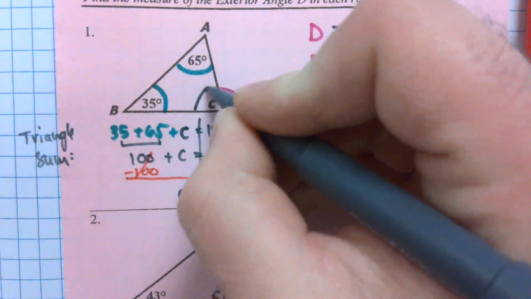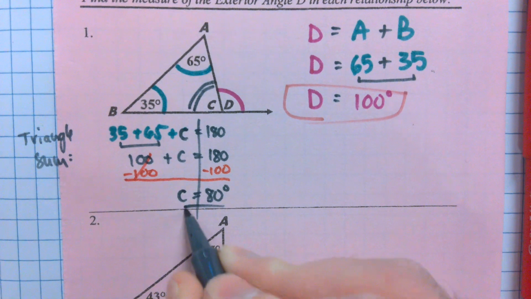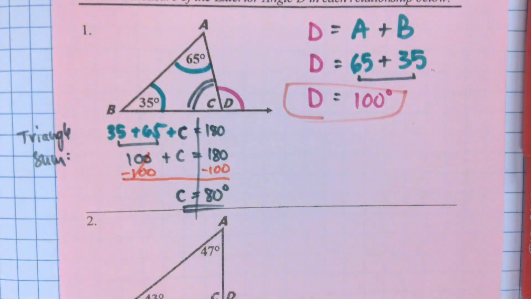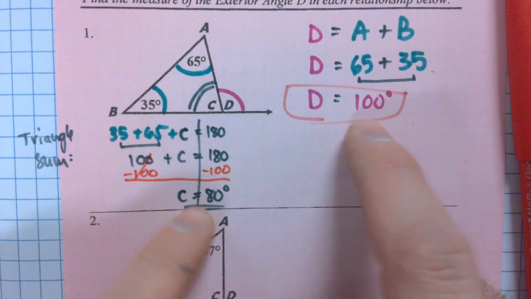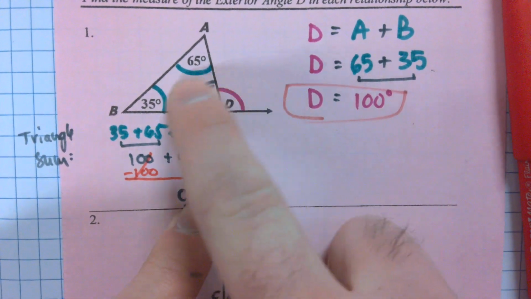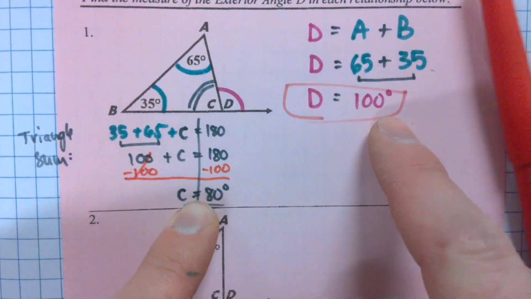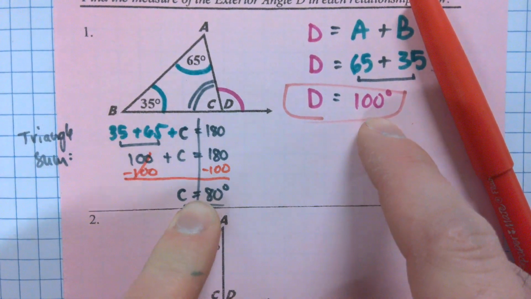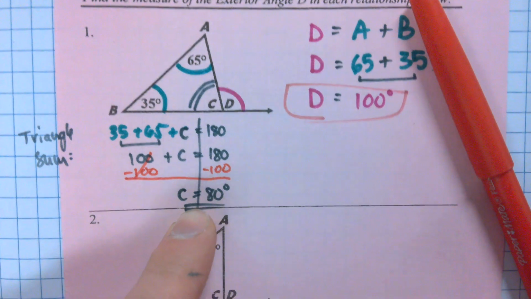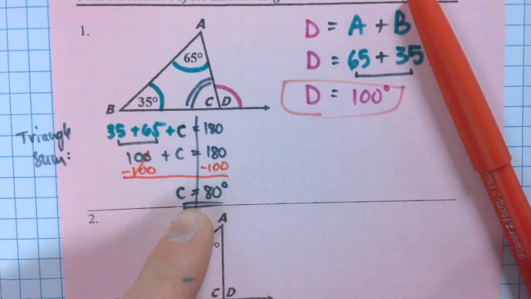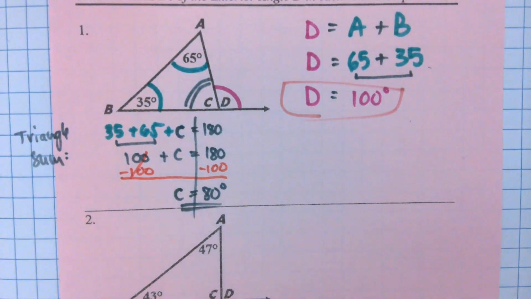So angle C here is 80 degrees. Now that we know angle C and angle D, do those two measurements form a supplementary relationship here? Yeah, D is 100, C is 80. All together, that makes what? 180. Right, so it's all connected.